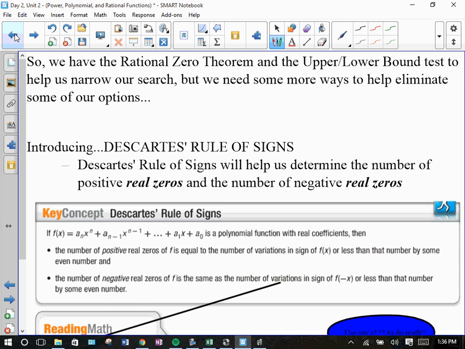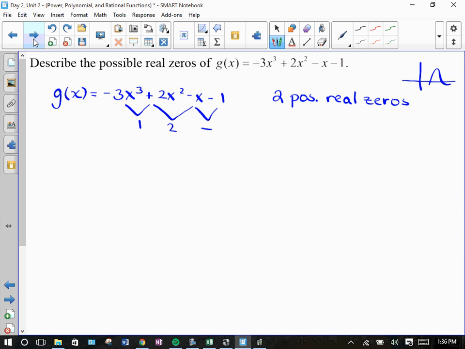It's going to be twice, or come back here. It says the number of positive real zeros of f is equal to the number of variations in sign of f of x, which is 2, or less than that number, so or less than 2, by some even number. So that means it can be less than that by an even number. And if you want to count, an even number is 2.